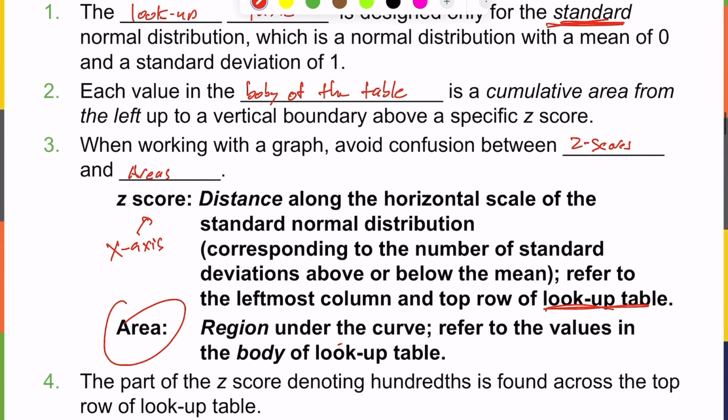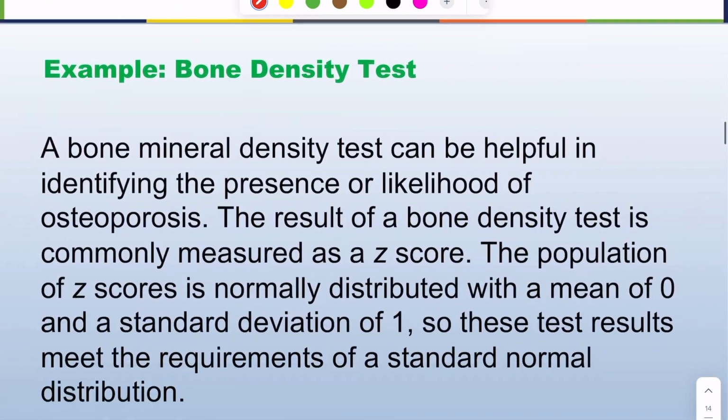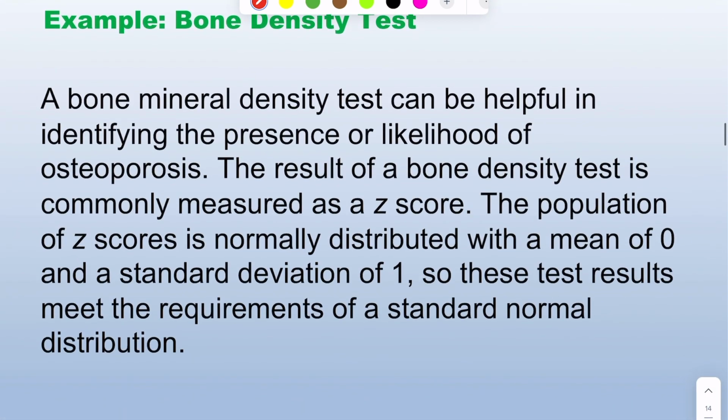All right, now, if you already know how to use the lookup table, go ahead and skip this example, but otherwise, we'll show you exactly how to use this lookup table. All right, bone mineral density can be helpful in identifying the presence or likelihood of osteoporosis. The result of a bone density test is commonly measured as a z-score.